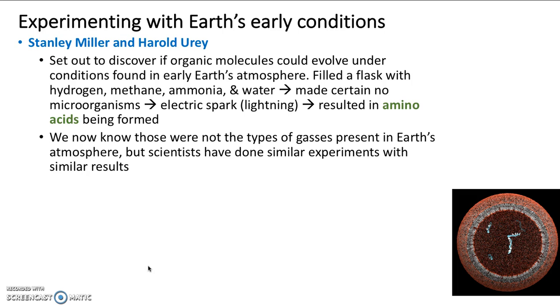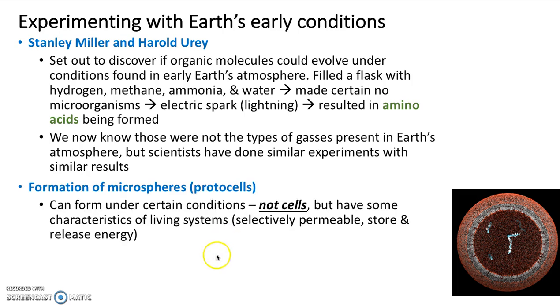Now, we do know that those aren't the actual gases that were there, but we've done this experiment over again using what we know were the gases of Earth's early atmosphere, and we've still been able to get the same results. In fact, we can get results so good that we can make specific amino acids using this experiment by tweaking which gases, and how much of those gases, we put in.